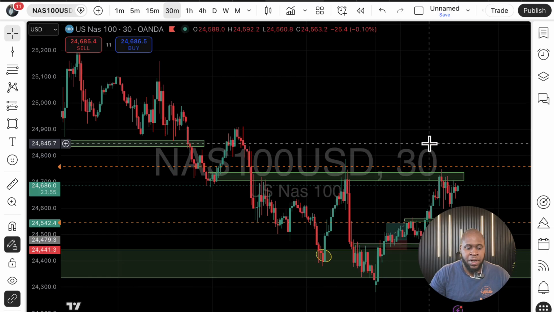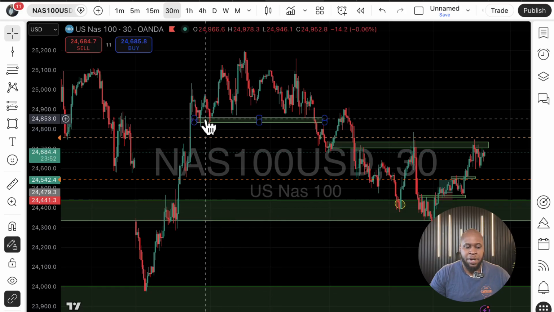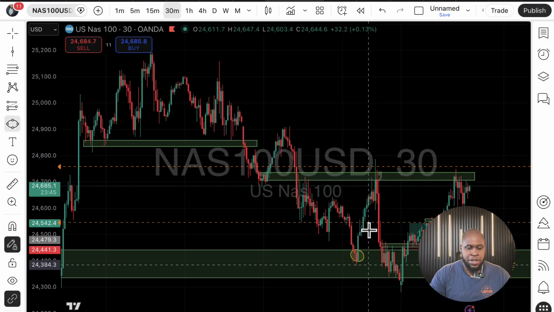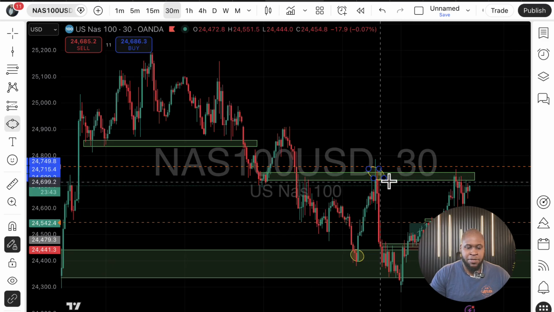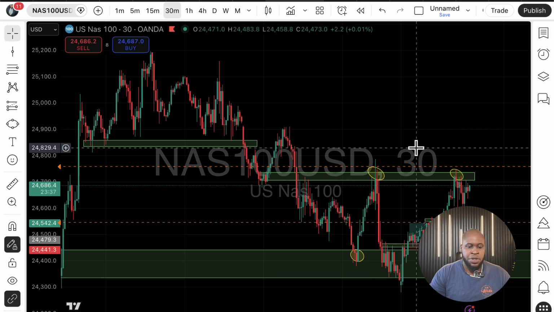The obvious areas are areas you could see on the higher time frame, such as this area over here, with the couple of touches on the top for the area of resistance.